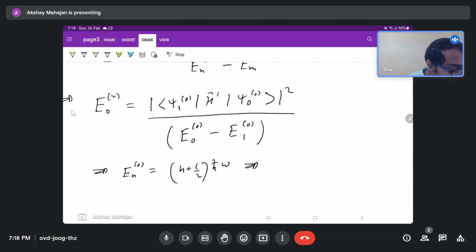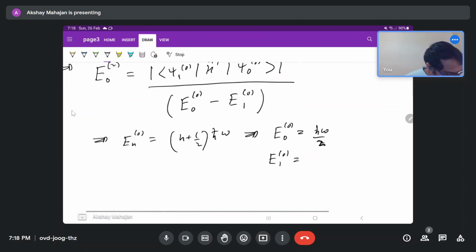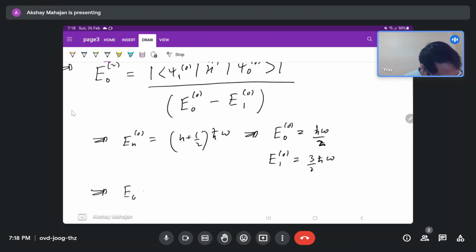So E 0 of the 0th order is just h cross omega by 2, and E 1 of the 0th order is 3 by 2 h cross omega. First let's find the denominator, which is the easier thing.